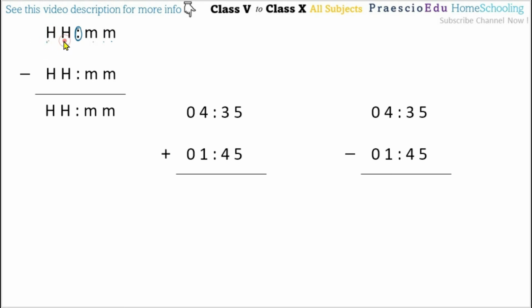Hours are always in two digits, the units place and the tens place, because after 24 hours the next day comes, and counting starts again from 0. Minutes also go from 0 to 60. After 60 minutes, it starts again from 00. While doing subtraction, always keep the minutes below each other, and the hours also, and then make the subtraction.